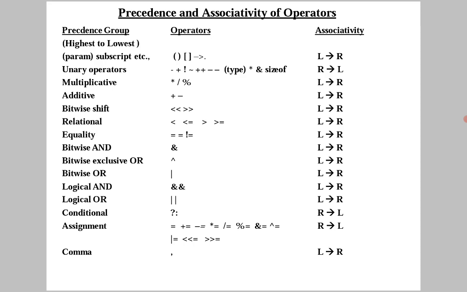Then come conditional operators or ternary operator. Then increment and decrement operators. All these are different types of operators generally used in C language.